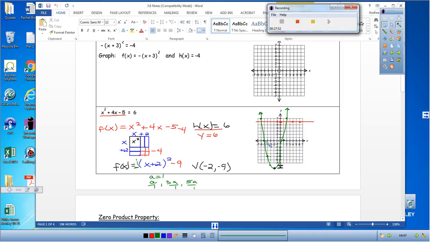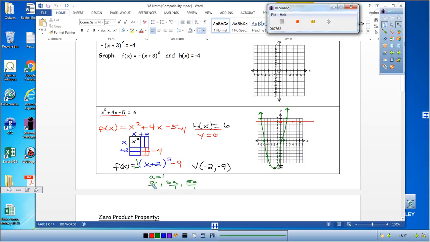Somewhere between here and here it crosses up here. And somewhere between 1 and 2 it crosses up here. Okay? This is the problem with solving quadratics with graphing, is we wouldn't get a number here. We'd get an estimate. We'd have to estimate what that is. And it depends. Obviously mine is going to be way off because my graph's way off, right? Depends on how amazing you are at graphing.